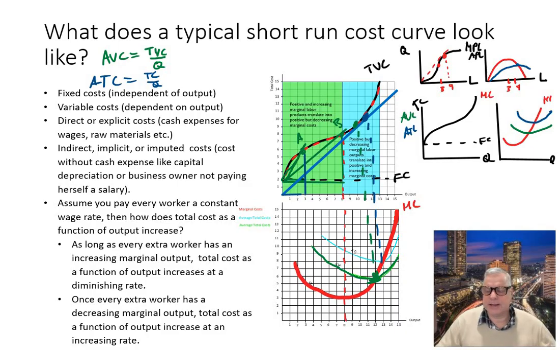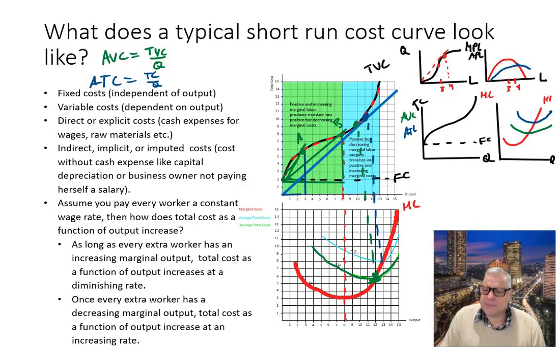So this is the typical cost function, but why is the cost function inversely S-shaped? Well, if you assume that every worker gets the same wage, so let's say everyone who helps me, I pay them the same wage. So that means I pay everyone the same, but then each worker has initially more and more output.